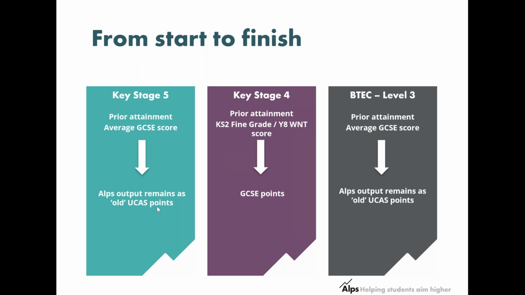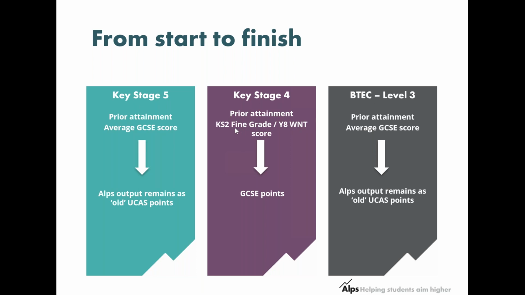So we're going to look at a benchmark table right now, which is going to start with your Key Stage 4 outcomes and end with your Key Stage 5 outcomes. And regardless of which qualification type you're looking at, Key Stage 5, that is what you are measuring, the progress between those 2 points.